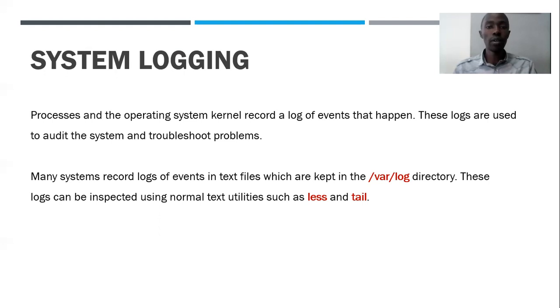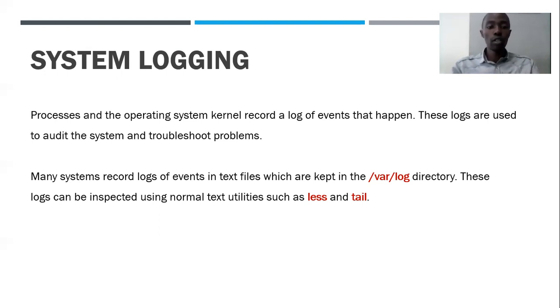Under var we have log, and under log is where all the system logs are recorded. We're talking about the logs of events, the entries. All of them are recorded under /var/log.